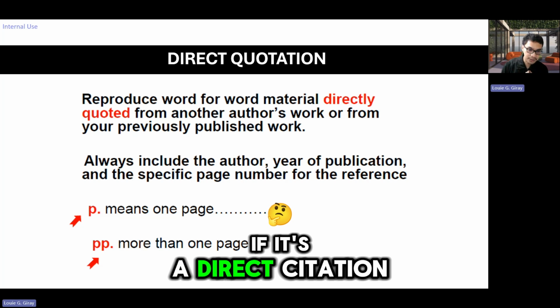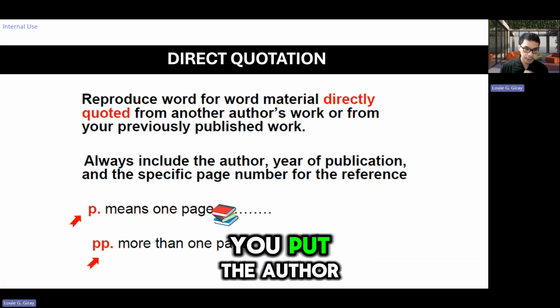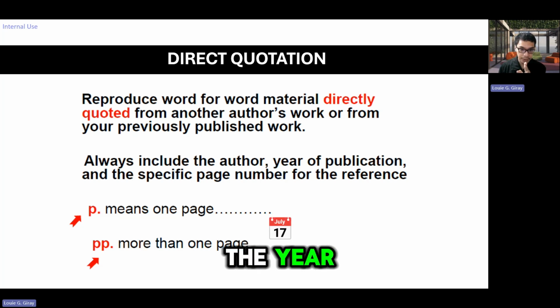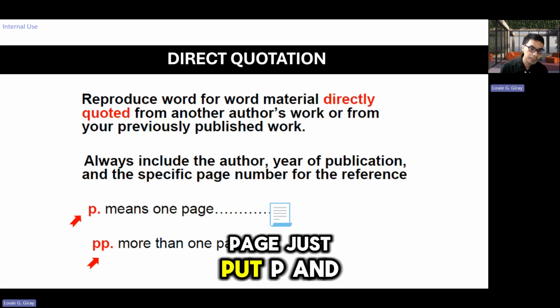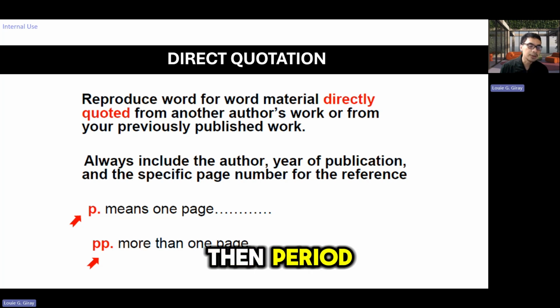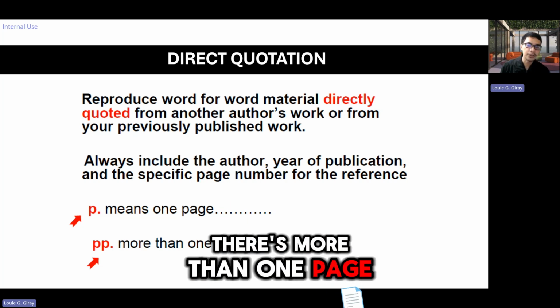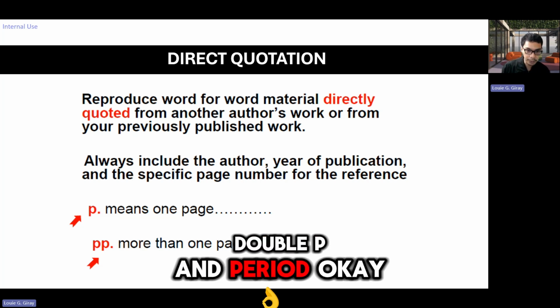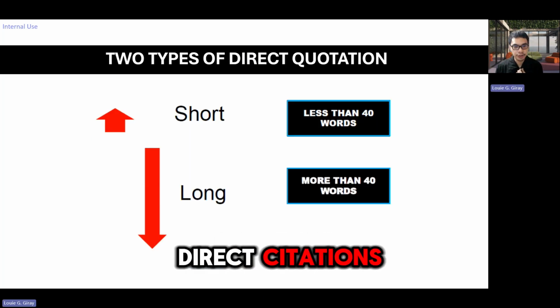If it's a direct citation, remember that with quotation marks, you put the author, the year, and the page or pages. If it's only one page, just put p. and then period. And if there is more than one page, double p and period. There are two types of direct citations.